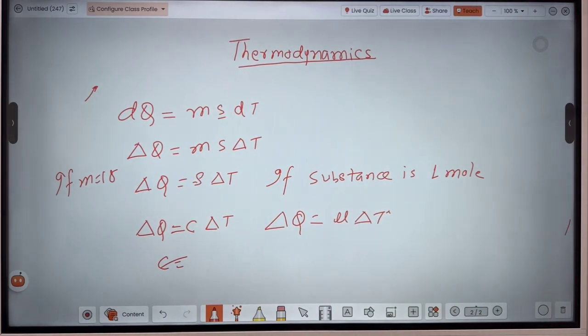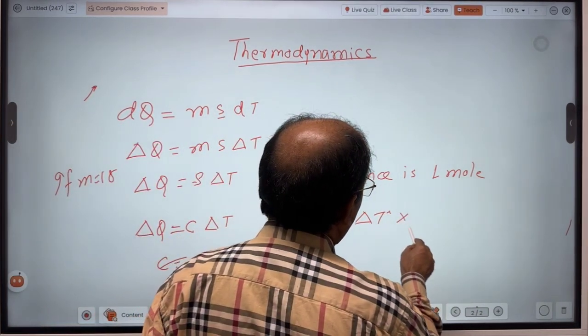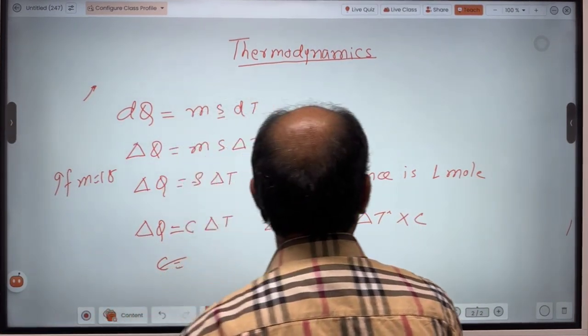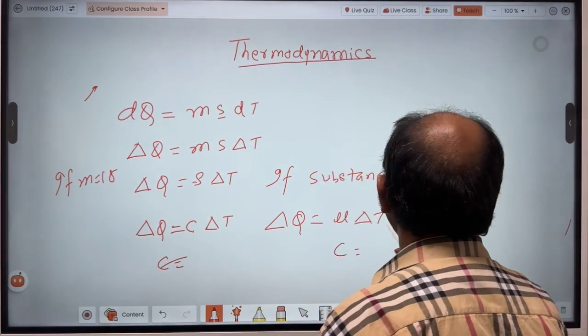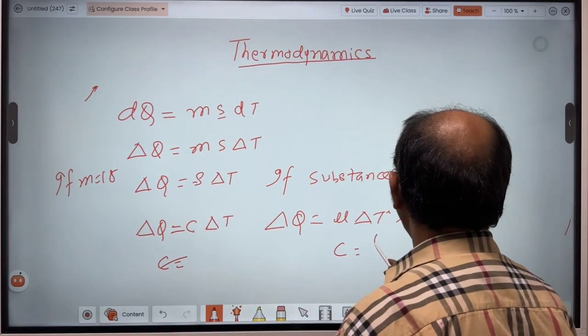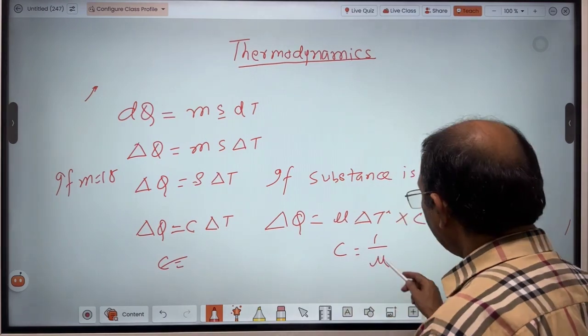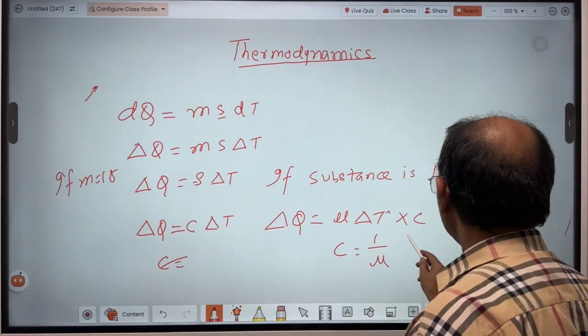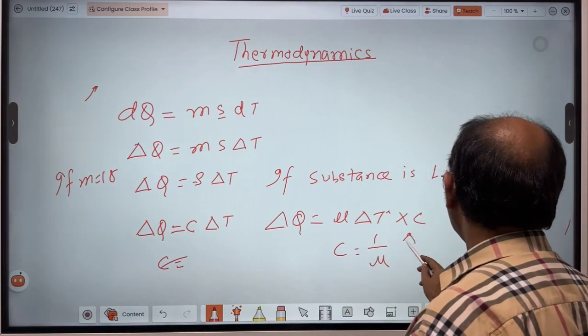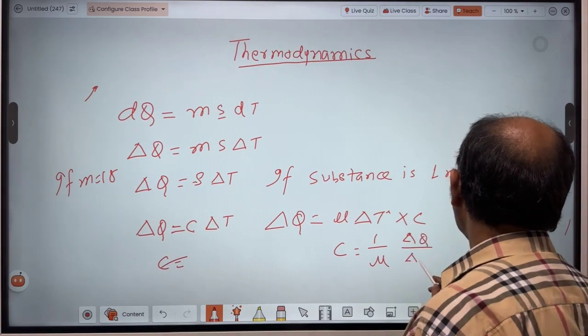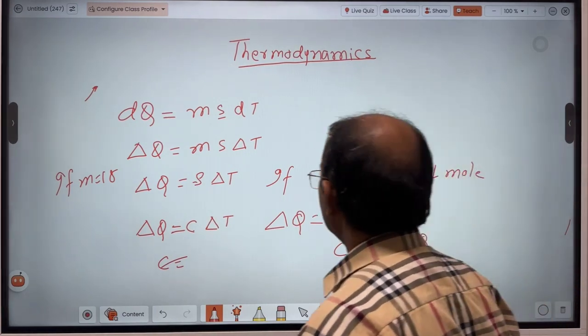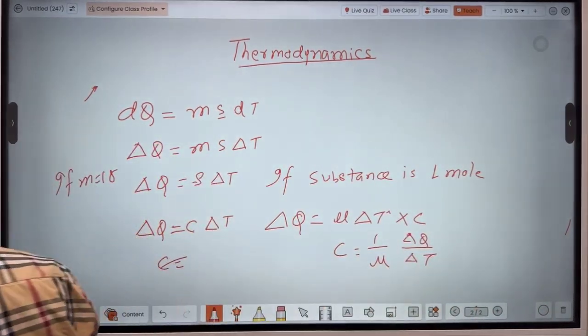So here, and we have left C. So if we want to find out C, then what will be the expression? It will be 1 upon mu times delta Q by delta T, right? So this is the expression.